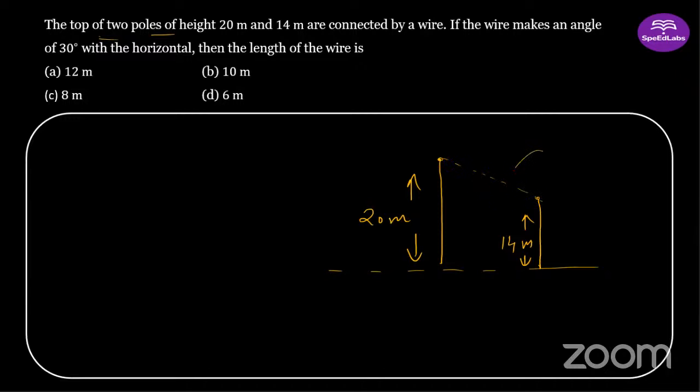So this is the wire. What they're saying then? If the wire makes an angle 30 degree with the horizontal. So this angle is 30 degree. Now what they're asking, find the length of the wire.